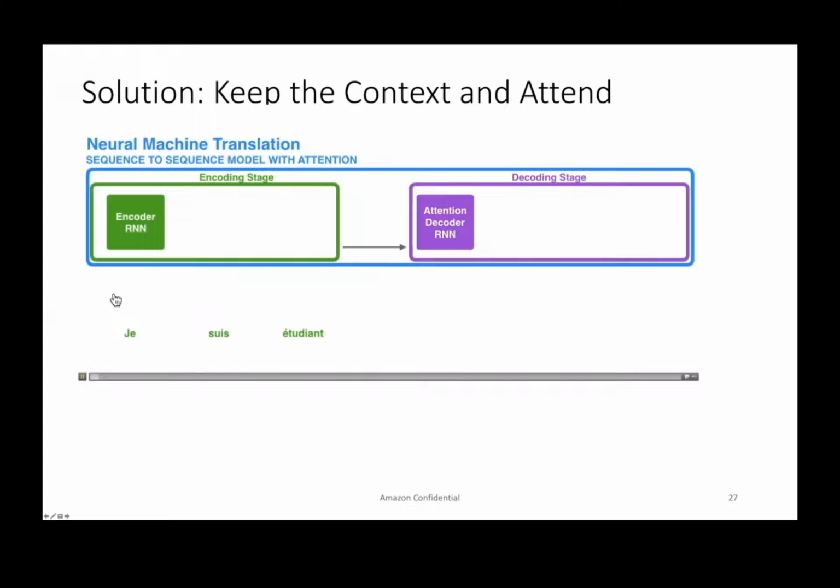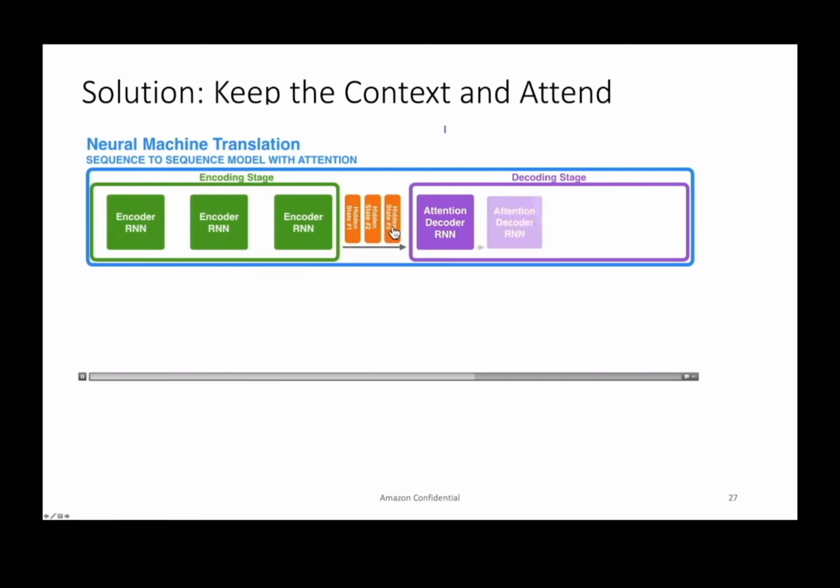The encoder, even in the case of attention models, takes the words one by one, produces a hidden state for each of the words, but then all the hidden states for each word are kept, and they are used in the decoding stage for producing the translation.